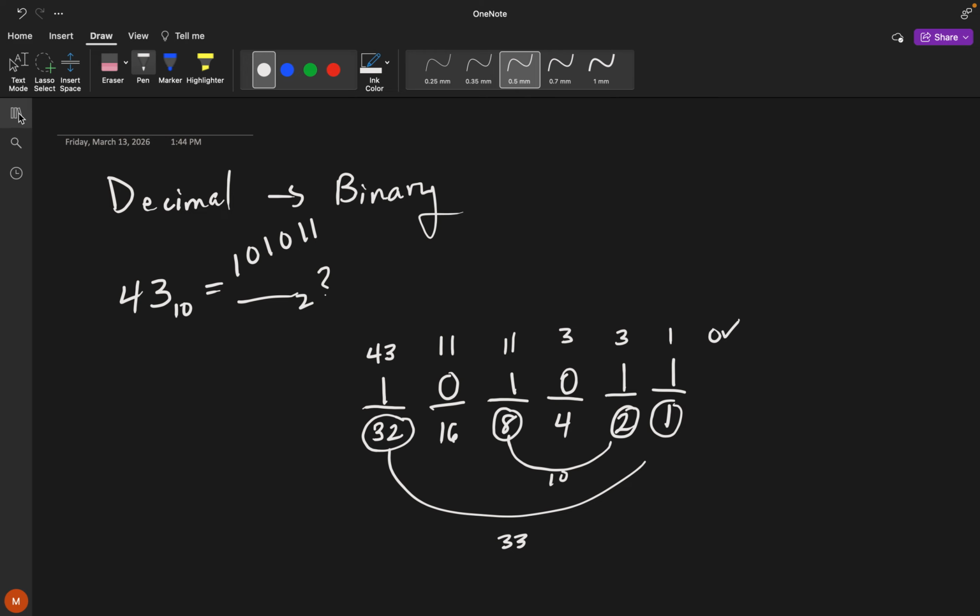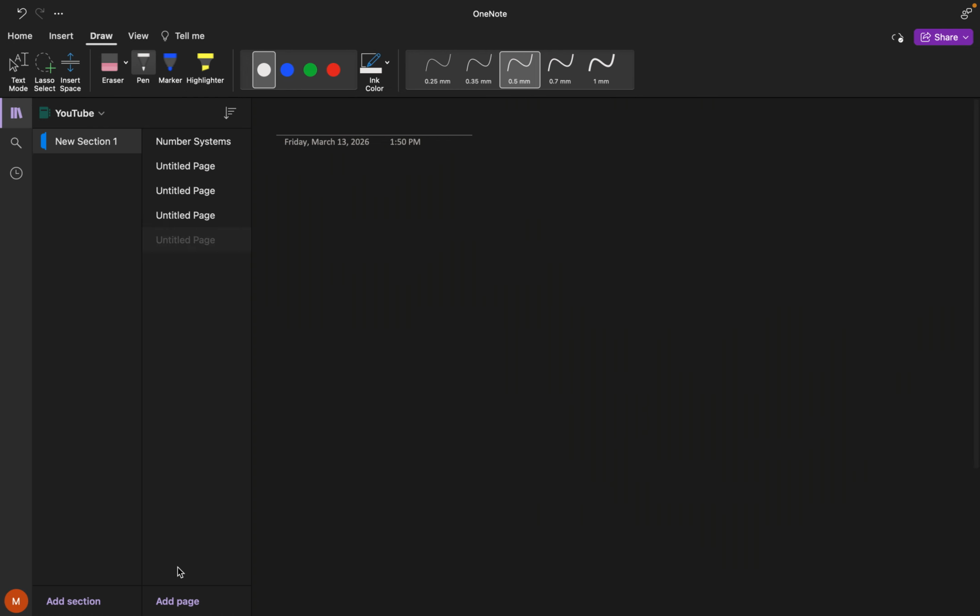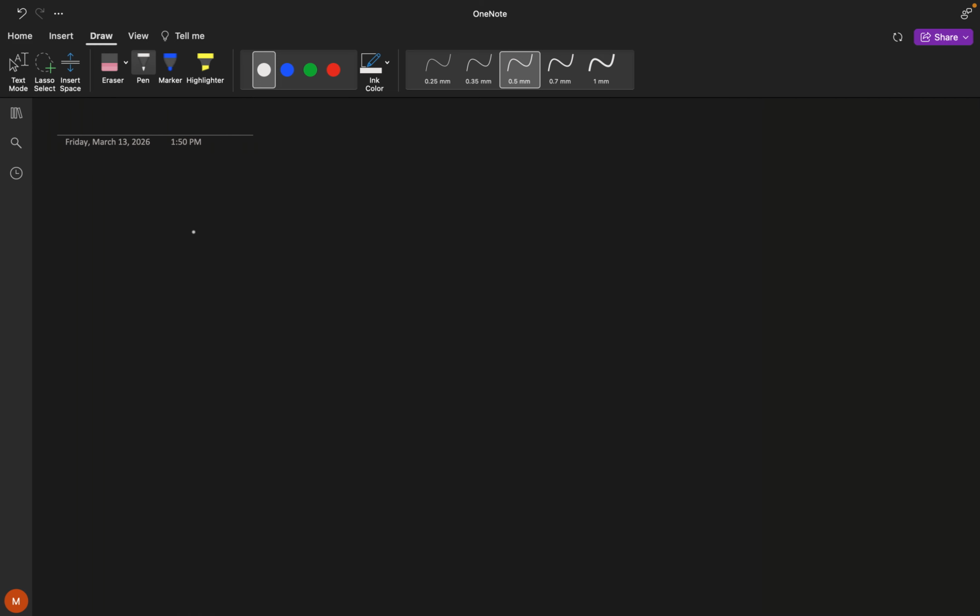Okay, so let's go on to another thing to notice, which would be counting in binary. Not a whole lot to do here, but just a few things to notice. So what is 0 in base 10 is also 0 in binary, right? They're the same thing.